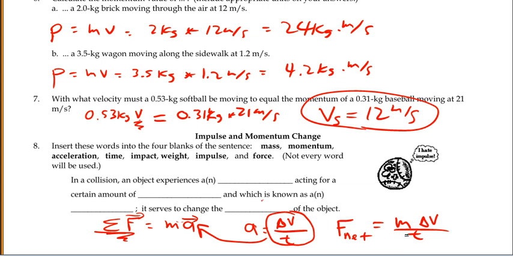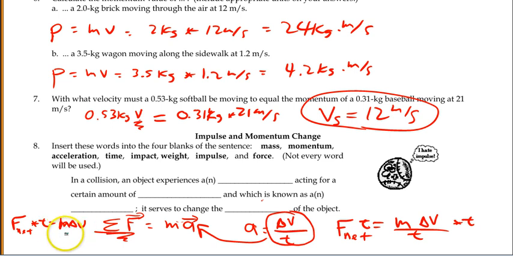Now, what's done with this is to multiply through by time, and we end up with a new term. We have the net force on an object multiplied by time is equal to the mass times the change of velocity.